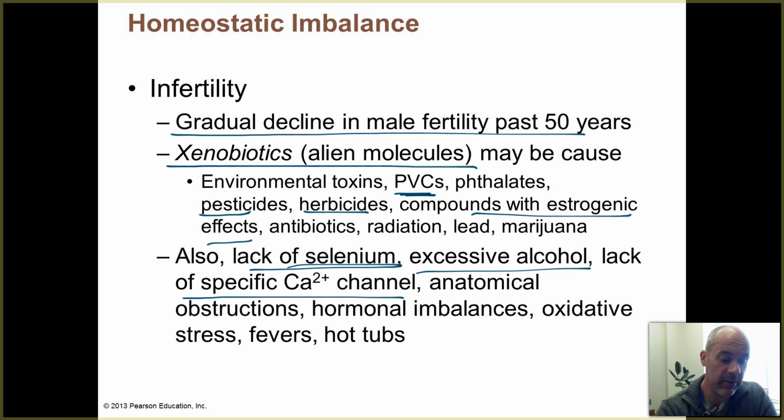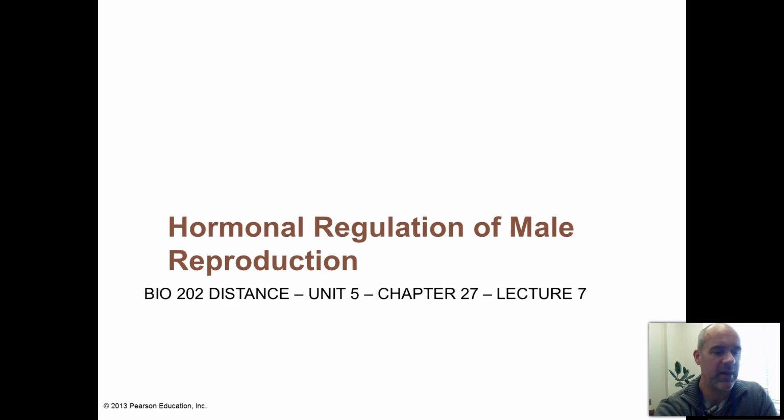There can be anatomical obstructions, hormone imbalances, high fevers, hot tubs, because the temperature gets too high in the scrotum for the testes if you spend a lot of time in hot tubs. So lots of things can lead to infertility, and a lot of times it's just a matter of trying to figure out what the root cause is and trying to correct that.